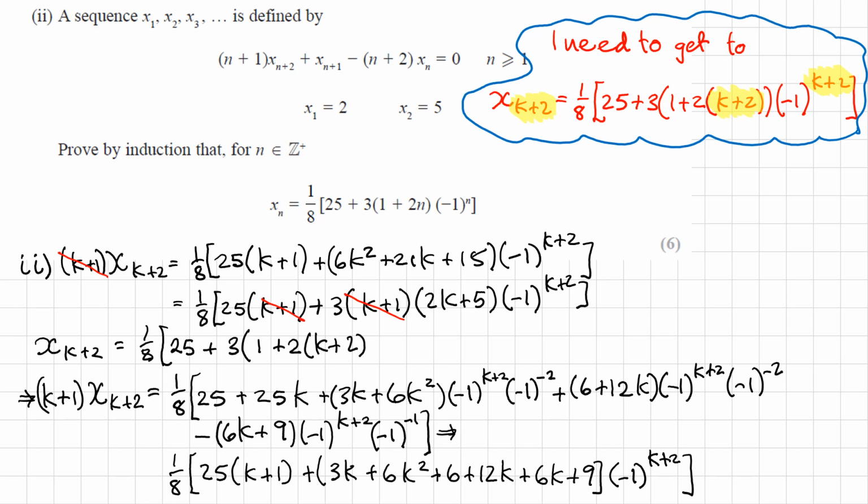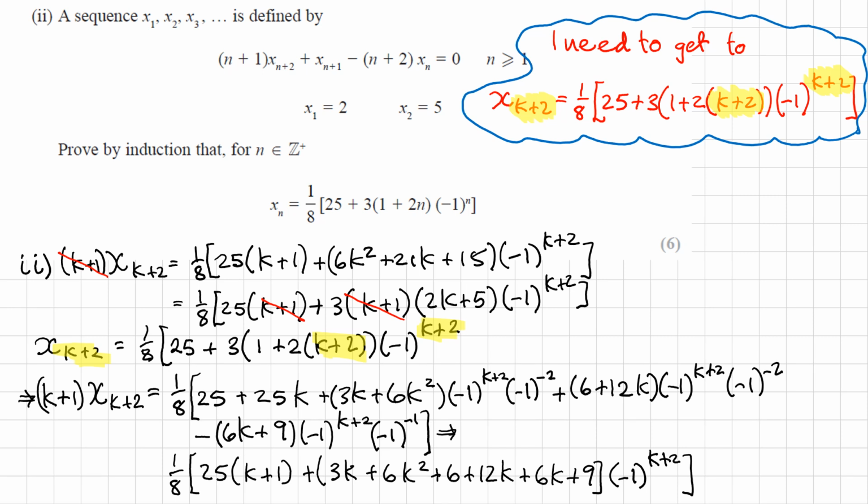And then we times that by negative 1 to the power k plus 2. So you can see we've got the k plus 2's here, here, and here. And I'll just finish it off by closing that bracket off.